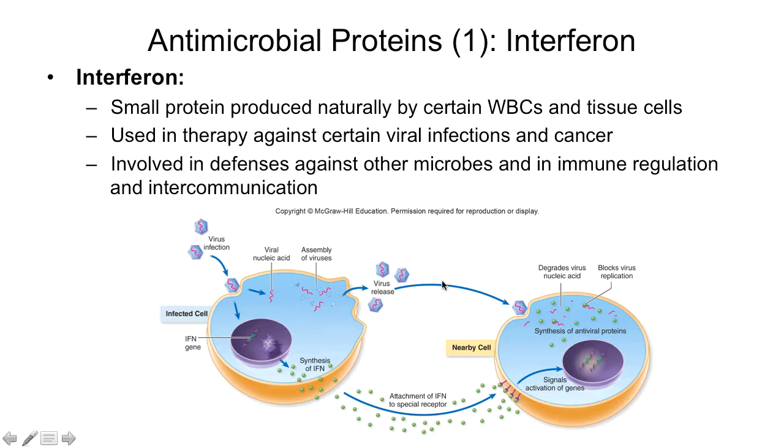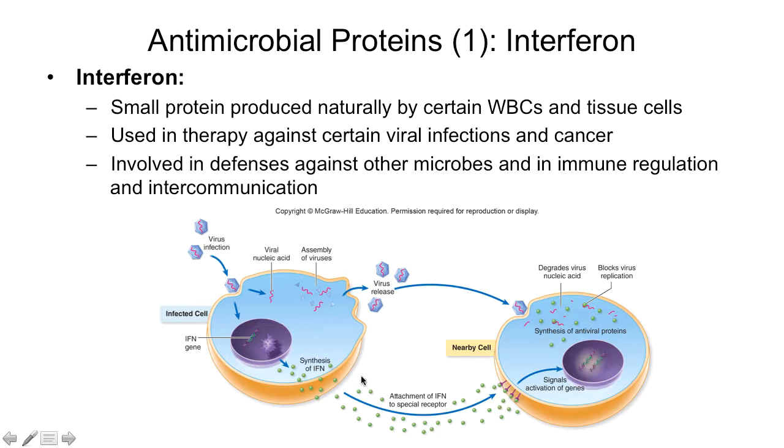So in the picture that I have here, I have an infected cell that is being attacked by a virus. The viral nucleic acids are going to be assembling and take control of the cell, and the molecules of the virus are going to help trigger the interferon genes, which are then going to release interferon. Now, the neighbor cell is the one who's going to benefit from the interferon.